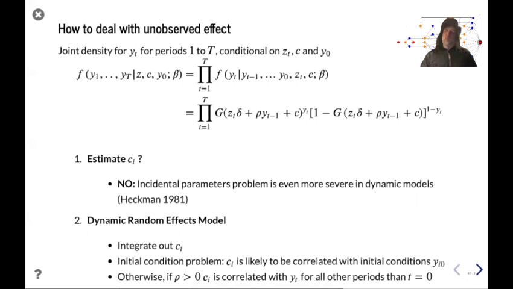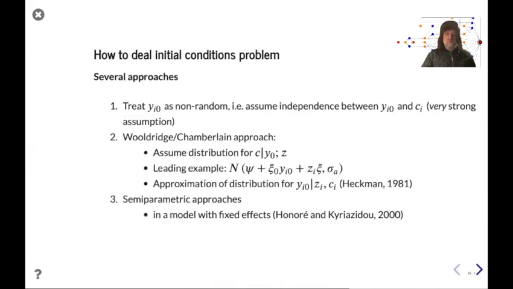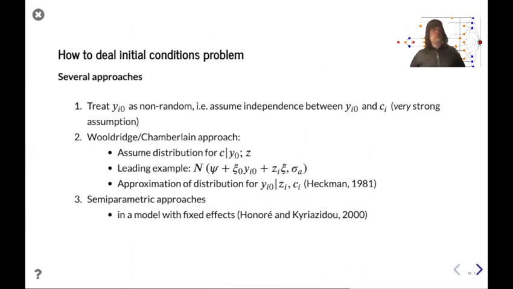So we want to actually allow for some dependence between Ci and those initial conditions. Otherwise we're going to get something funny. And you can see, if rho is positive, then there must be some kind of dependence between the initial condition and C. So this is what we refer to as the initial conditions problem.